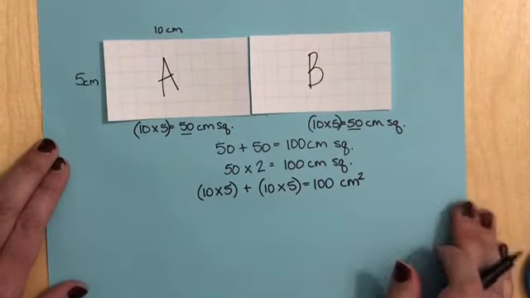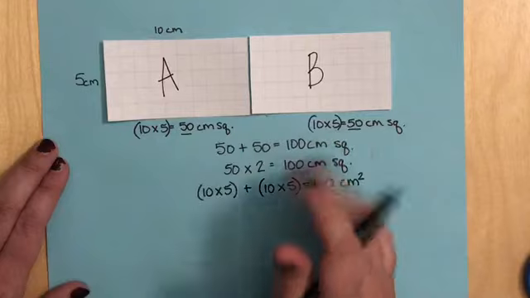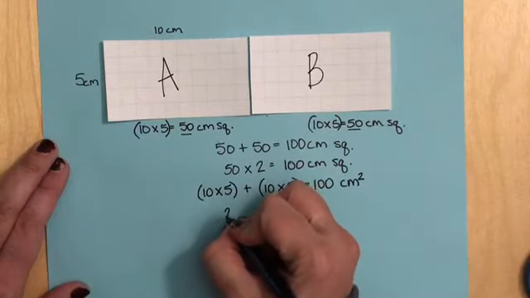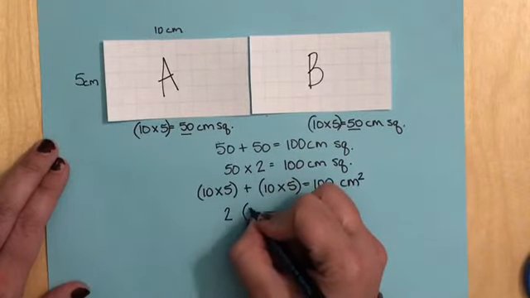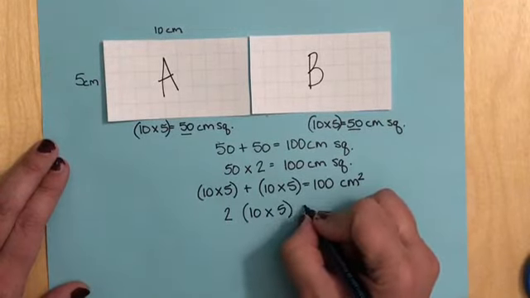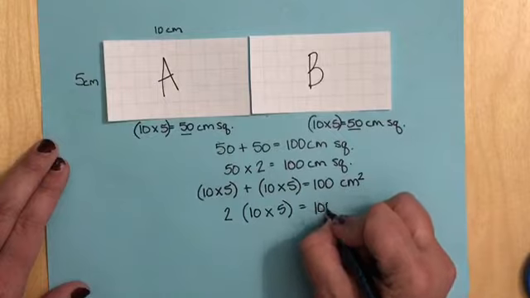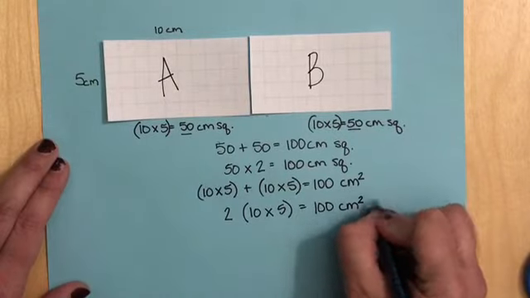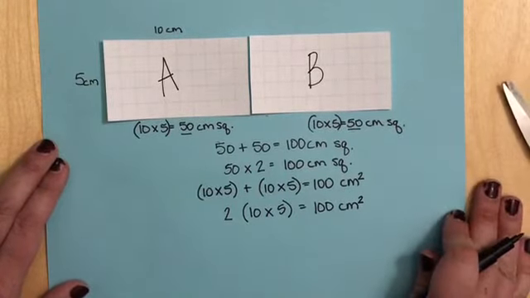I could have also thought about how there are two 10 times 5s, which would equal 100 centimeters squared. There's just a lot of options, which is pretty awesome.